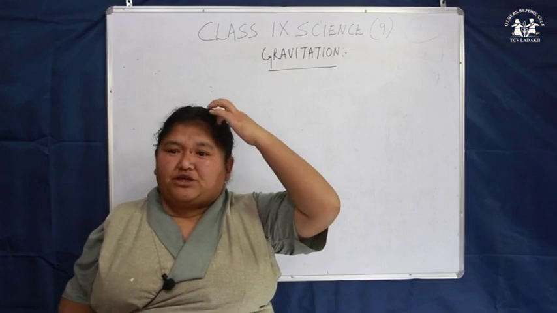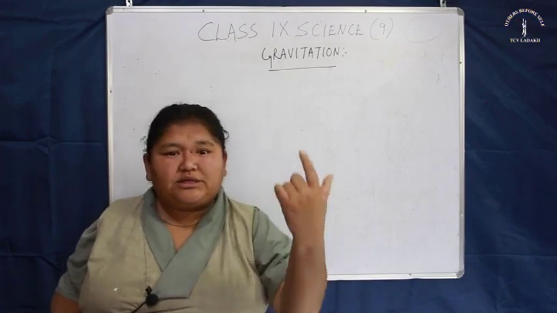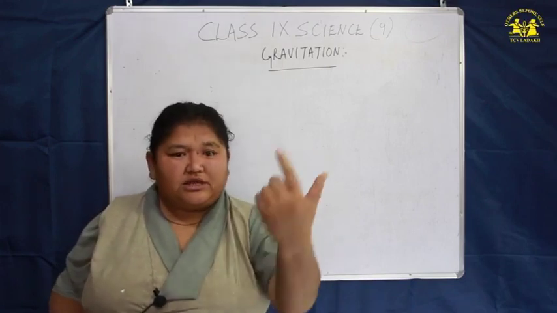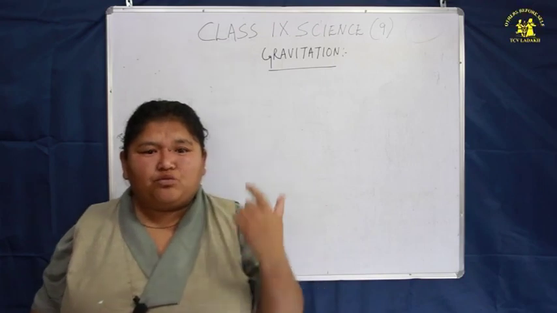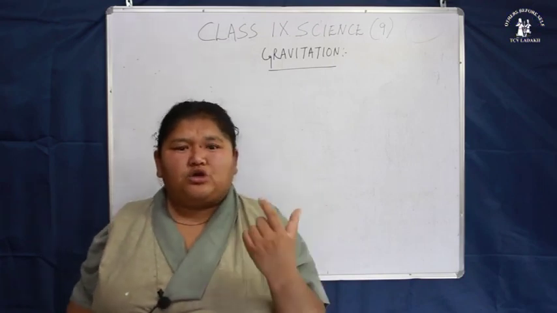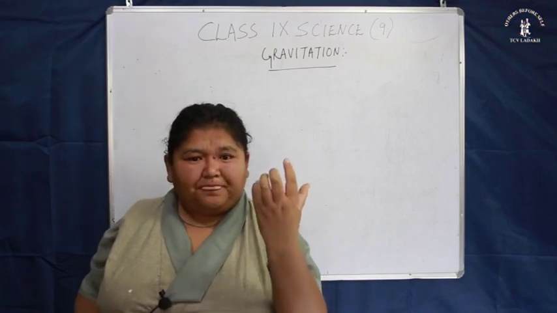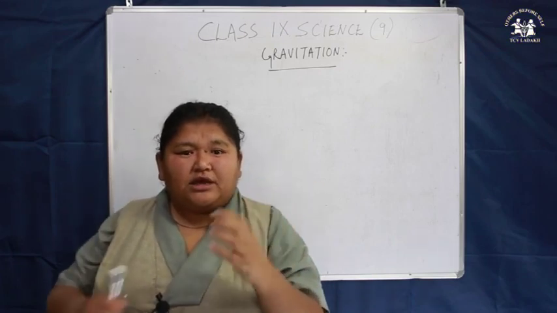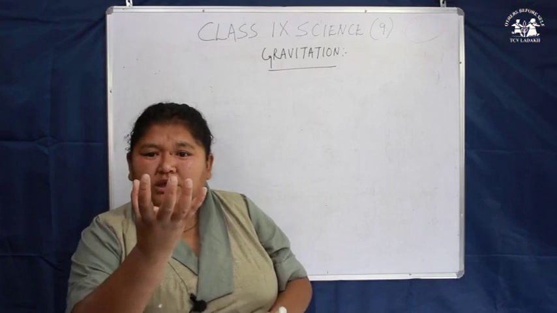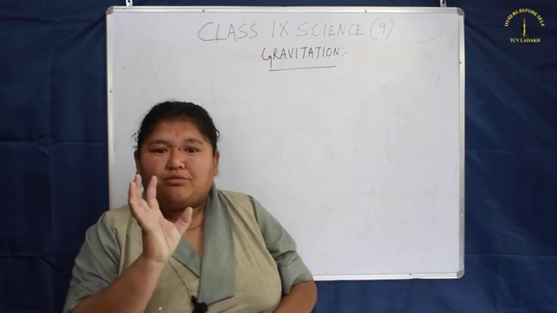Now when we observe objects moving in a circular path, let us take an example of the moon revolving around the earth. The gravitational force, the earth's gravity, will attract the moon.